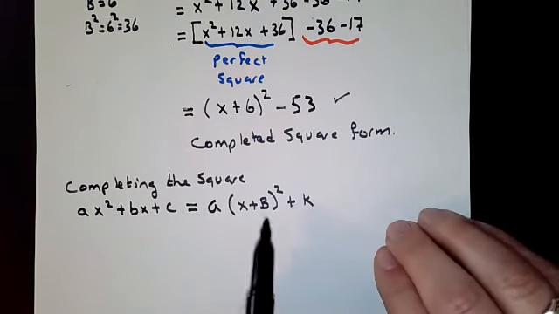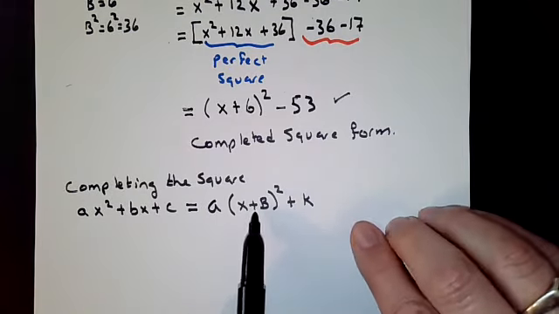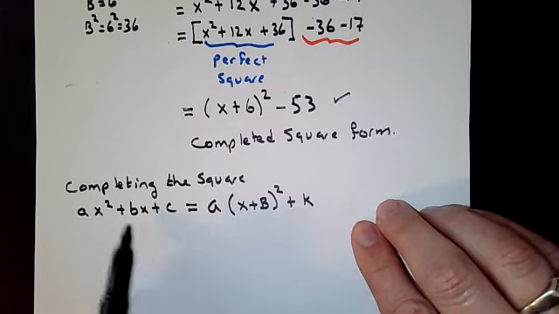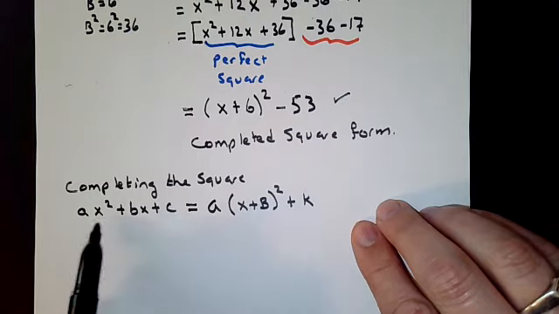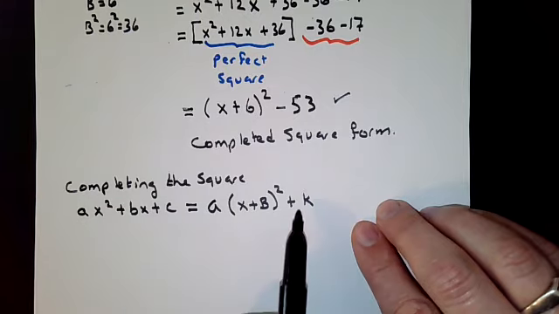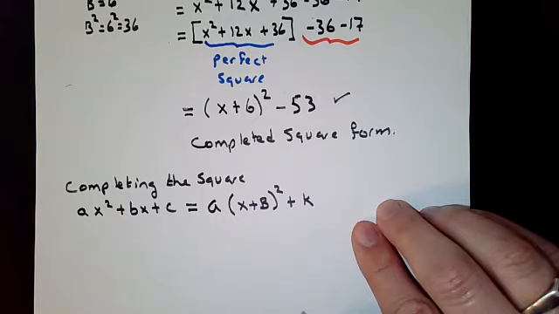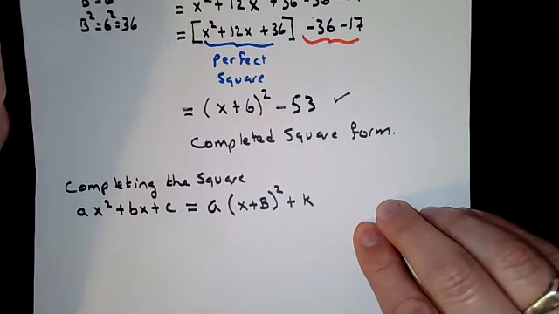So this, by the way, is the reason I used a capital B. I didn't want it to be confused with the lowercase b, which is how we typically write the trinomial form. And k is just a constant. All right, let's do another example.